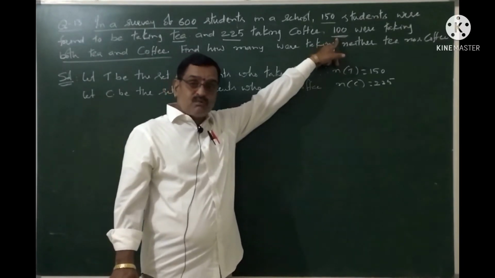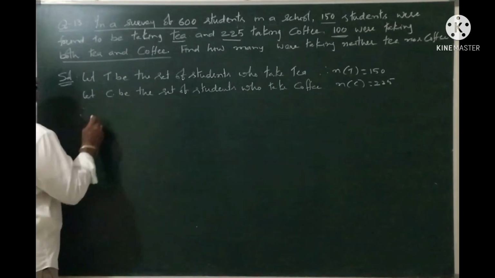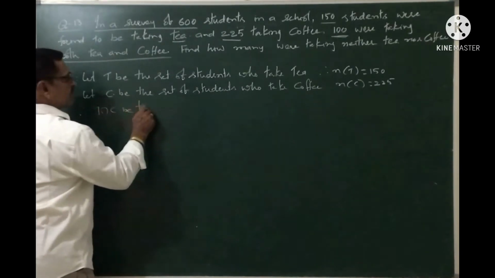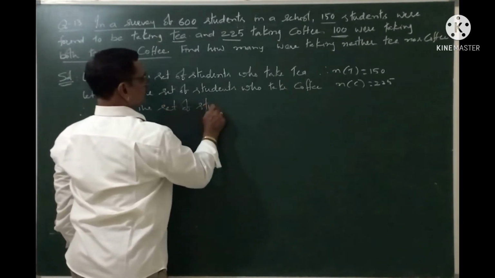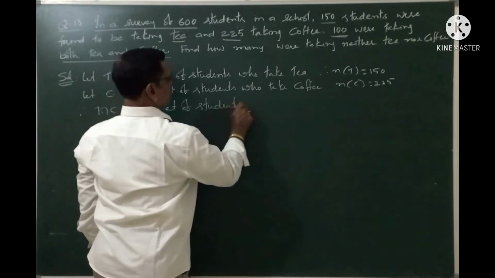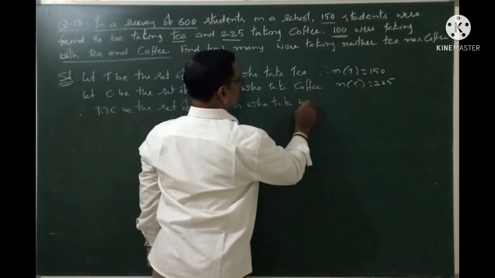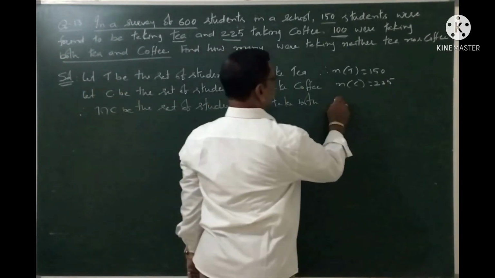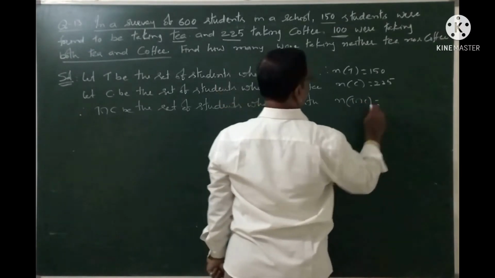So let T intersection C be the set of students who take both, and n of T intersection C is given as 100.